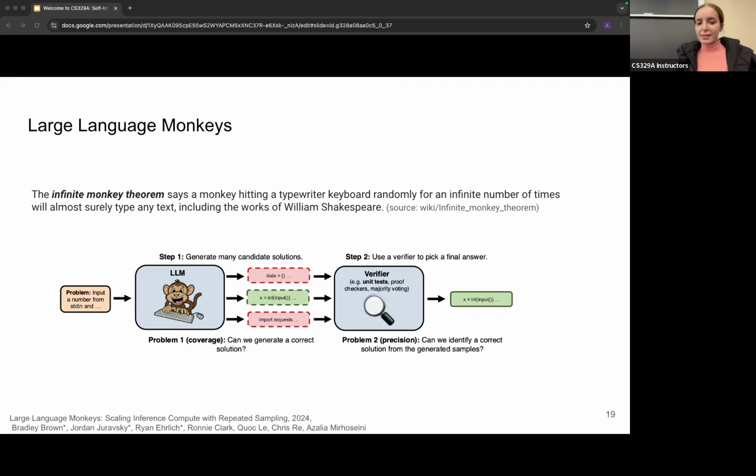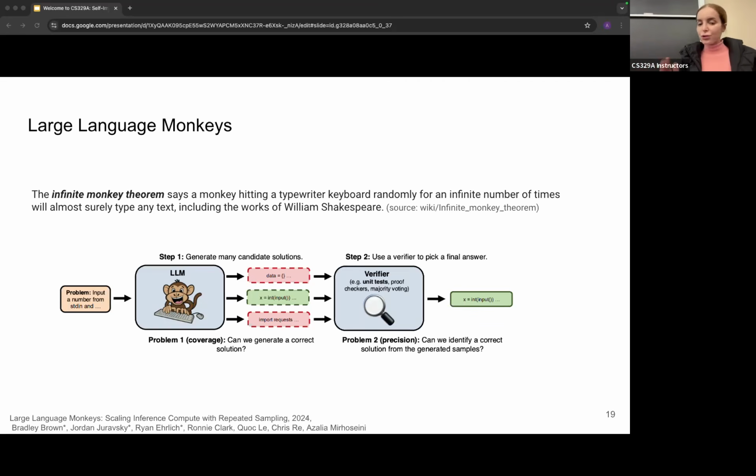The reason this is interesting is that language models have some stochasticity, right? They don't generate the same answer all the time. But it turns out that if we do this repeated sampling, we get a much higher likelihood of getting a correct answer from the model.